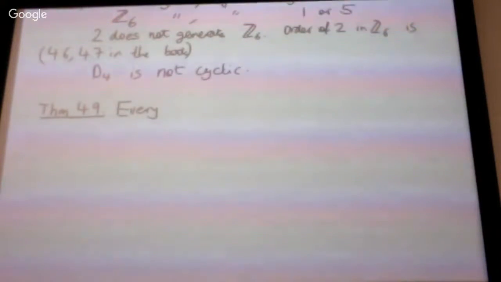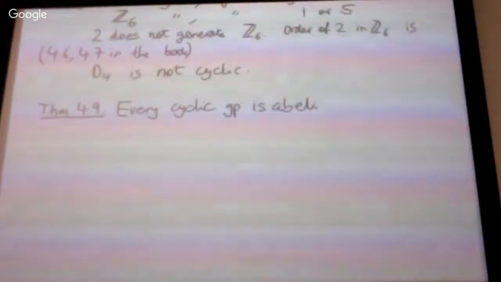I'm becoming dyslexic, and speaking. Is that a word? I like how that was both simultaneously the name of it and the symptom. Every cyclic group. Oh my god, that was amazing. Brilliant. Well, the book uses abelian with a little a.